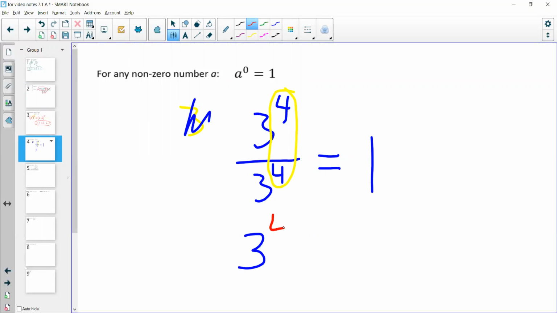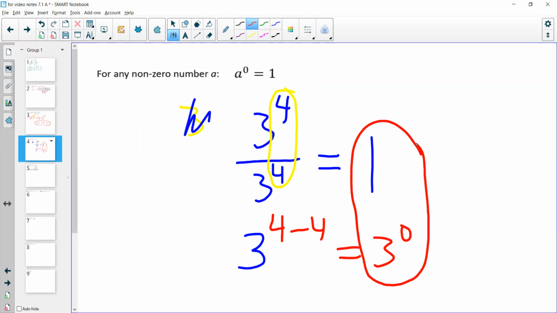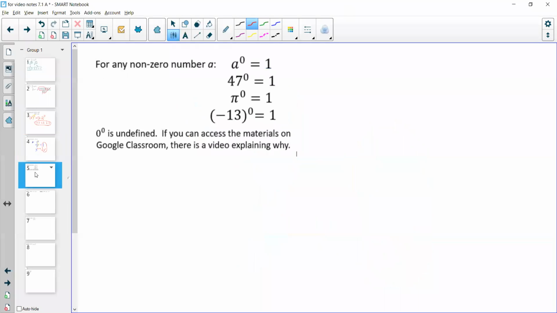So I would get 3 to the 4 minus 4, which is 3 to the 0 power. So therefore, these two things are equivalent. So any number raised to the 0 power always equals 1.